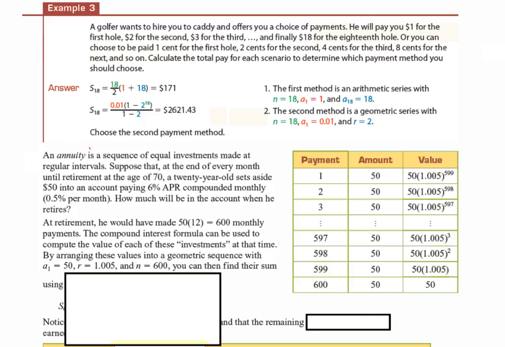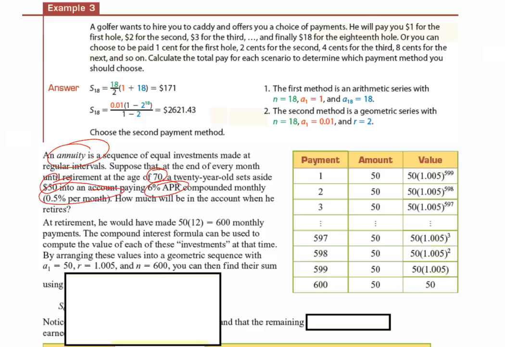All right, you guys, you've heard of annuities, right? You've never heard the word annuity? All right, your parents have, because you're young, and this is an old people's thing. An annuity is a sequence of equal investments made at regular intervals. Suppose that at the end of every month until retirement, age 70, a 20-year-old sets aside $50 into an account paying 6% APR, compounded monthly, so that's 0.5% per month, right?